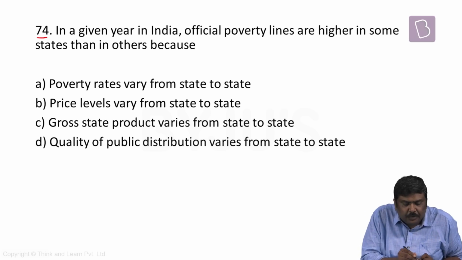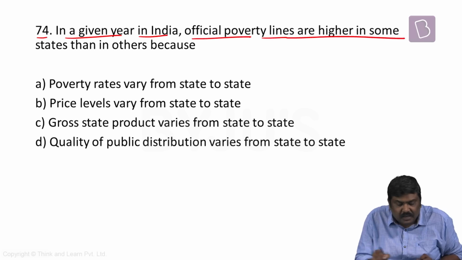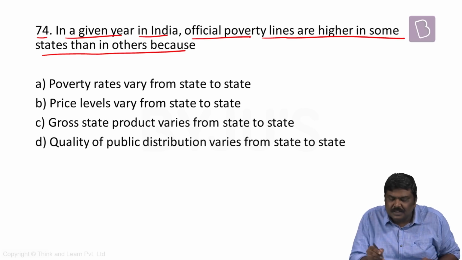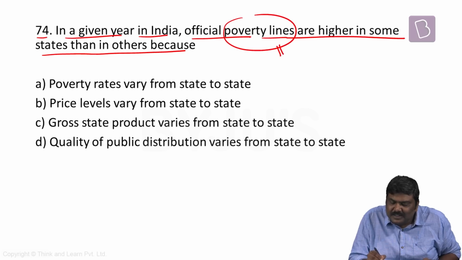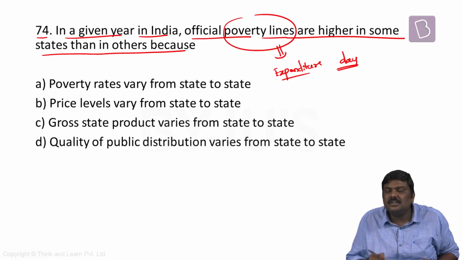Next, question number 74. In a given year, in India, official poverty lines are higher in some states than in other states. Because, now please understand, the poverty line is nothing but the minimum expenditure that is required on a day-to-day basis. Why is it required?